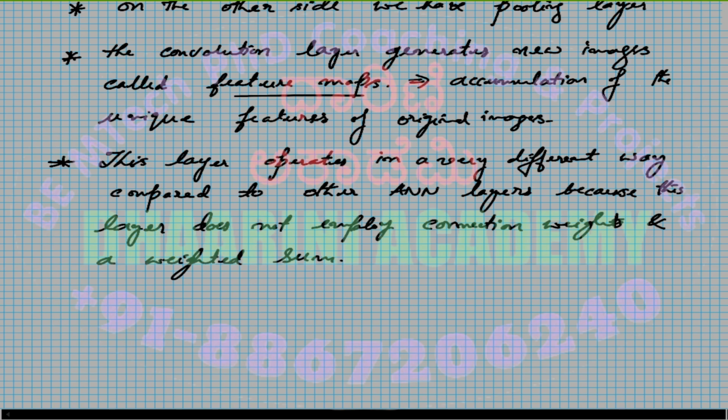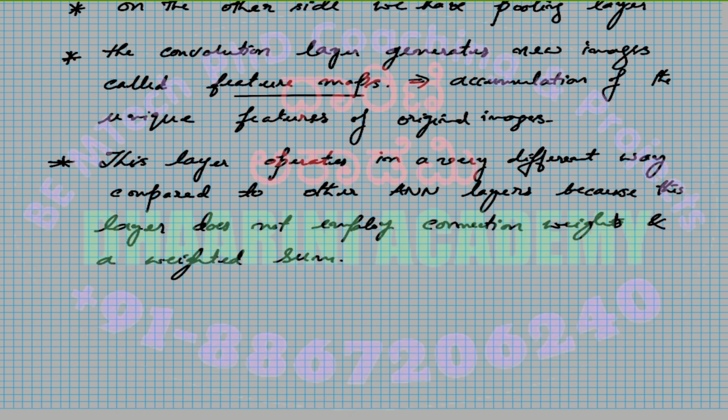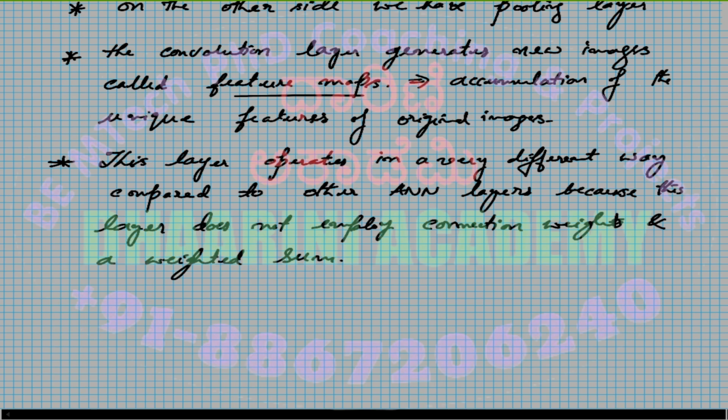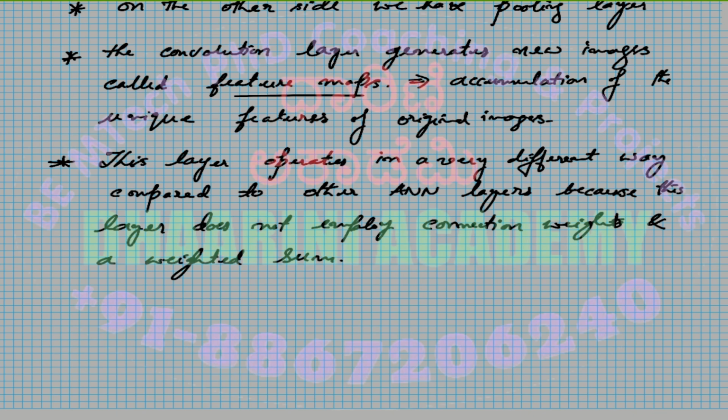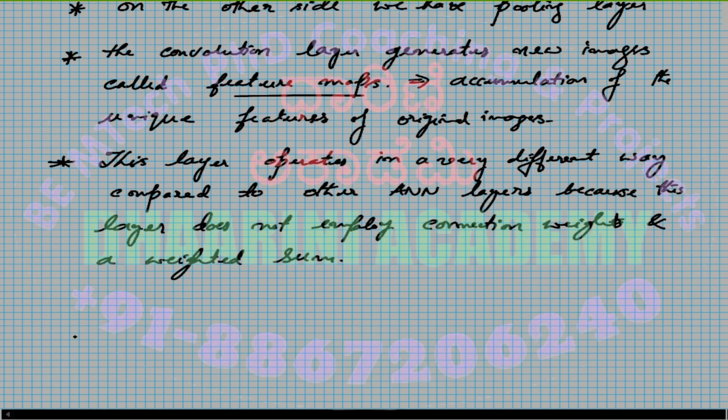Instead of that, what you are going to have inside are some filters, called convolutional filters. They are small matrices. The numbers you enter in those matrices depend upon what type of features you want to extract. We'll talk about that later, but let me write the point here.